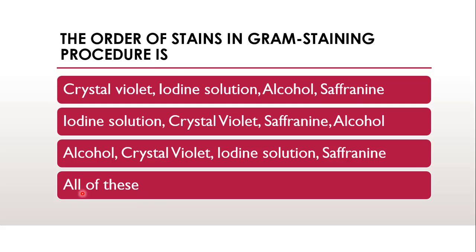The next question is, the order of stain in gram staining procedure is, whether it is crystal violet, iodine solution, alcohol or safranin, whether it is iodine solution, crystal violet, safranin and alcohol, whether it is alcohol, crystal violet, iodine solution and safranin, or all of these.